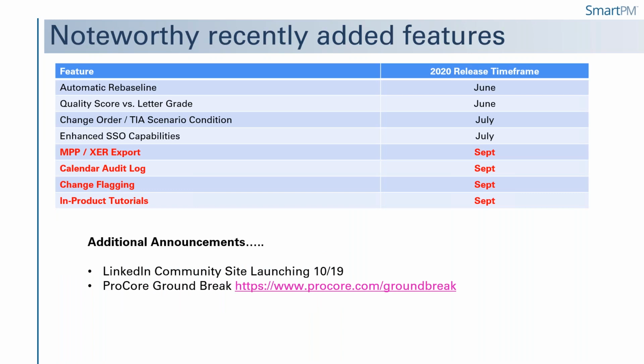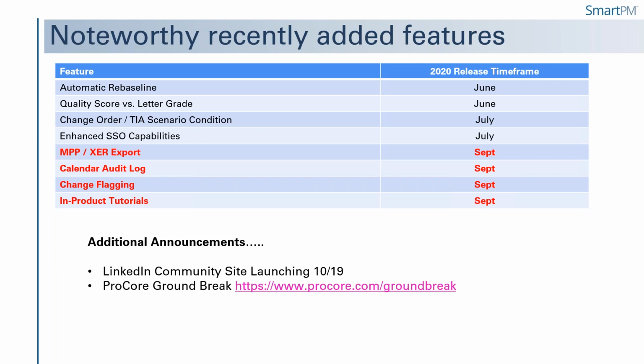So just wanted to cover very quickly a couple of the recent features that we've added to SmartPM in case you missed the last session. In June and July, we added a number of capabilities and functions to SmartPM, including the ability to re-baseline. That's one of the more popular features that we've seen users take advantage of, and that's an automatic re-baseline feature that's available in the Schedules tab in the project dashboard, I should say.